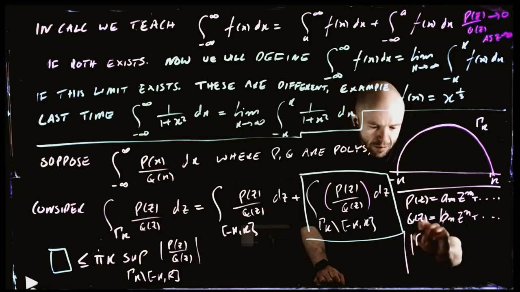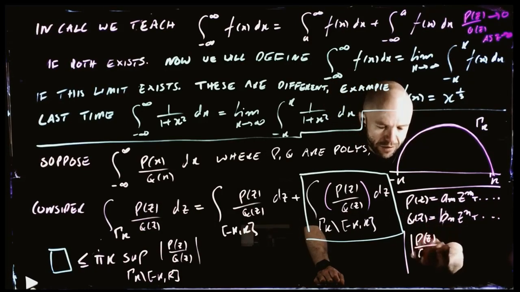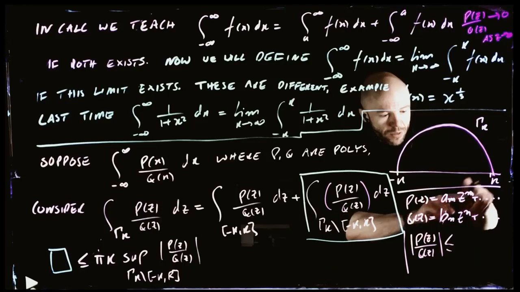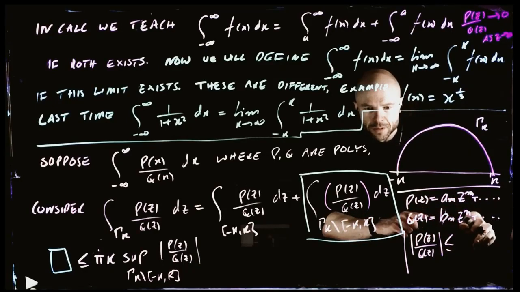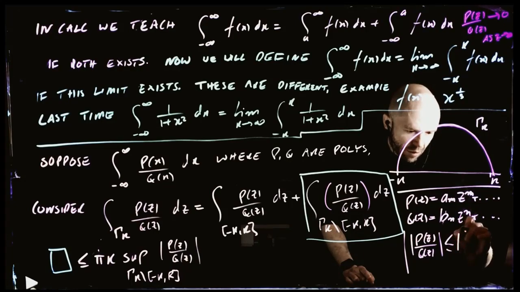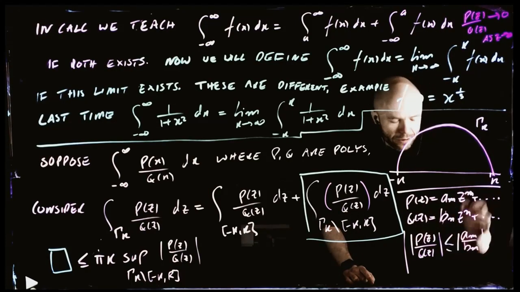And the absolute value of p of z over q of z, for very large z, we don't care about any of the other terms. They're insignificant. So this will be like the absolute value of a_m over b_n, which we also don't care too much about. It's just a number.